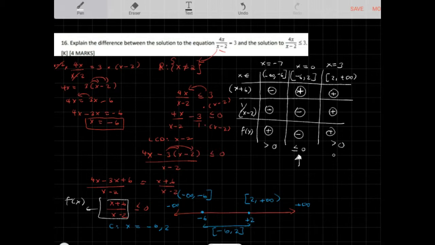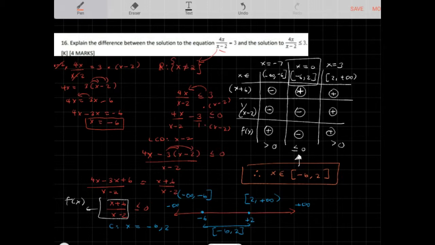So in this case, the only solution that would work for the scenario, less than or equal to 0, is this interval, -6 and 2. Therefore, x can belong to -6 and 2 for the expression to be greater or equal to 3.